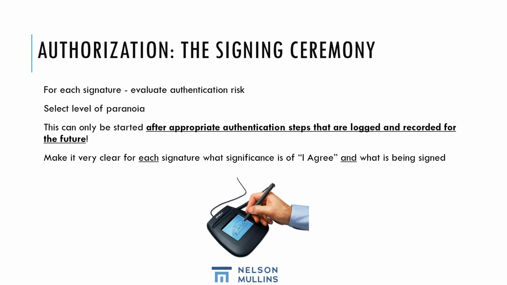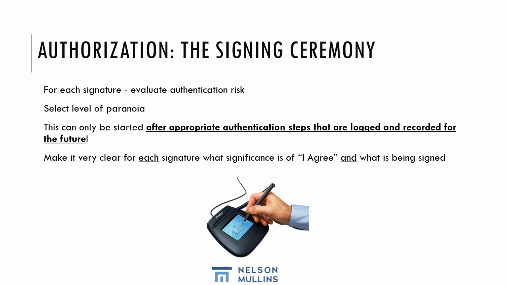And if you're going to authenticate them, which you need to do so that you know that Susie, who is making the application, is in fact Susie, you need to document the steps that you went through in order to authenticate Susie. Now, best practices would be to have a form or worksheet that your banker goes through in order to do that.